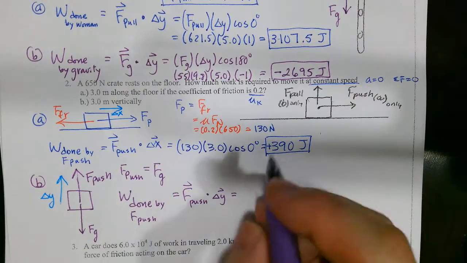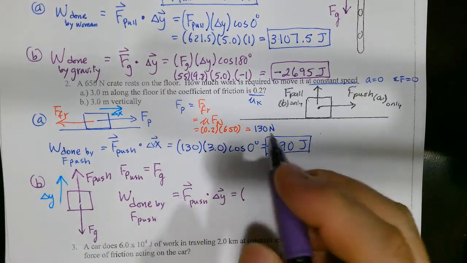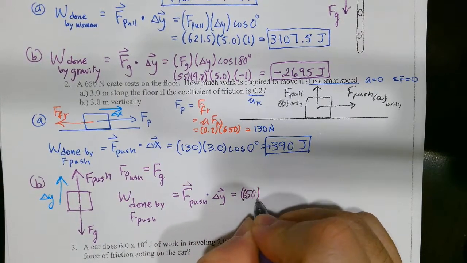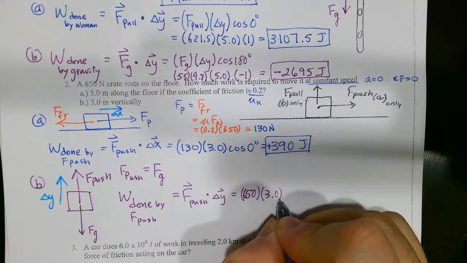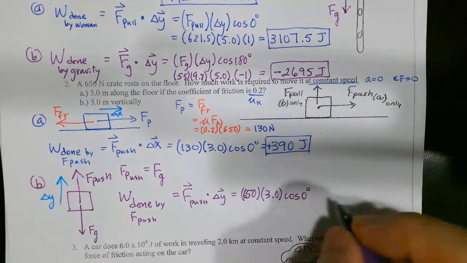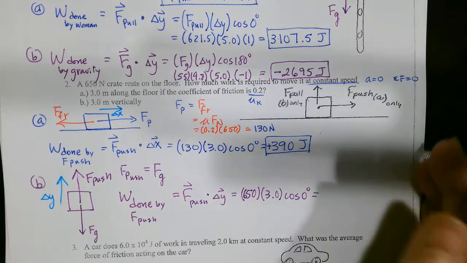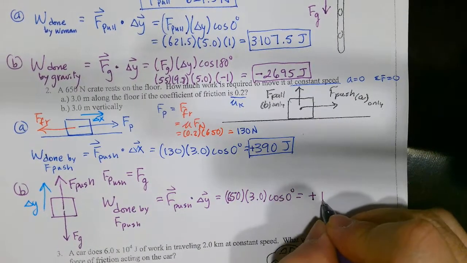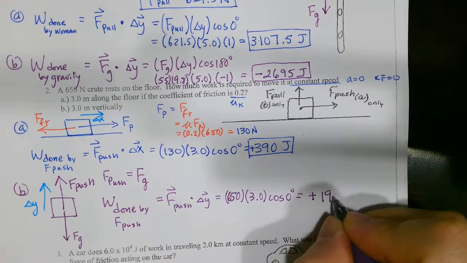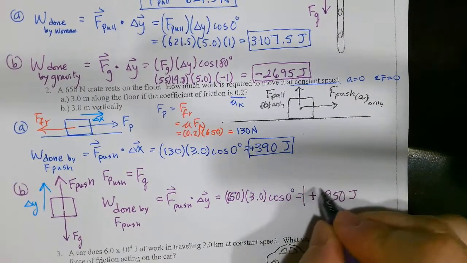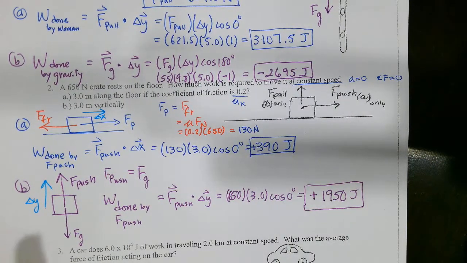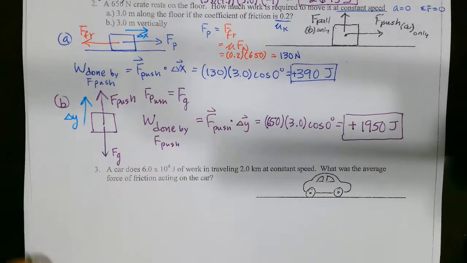So here, F push is 650 newtons times delta y of 3.0 times cosine of 0 degrees. Therefore, I get positive 1,950 joules as work done vertically.